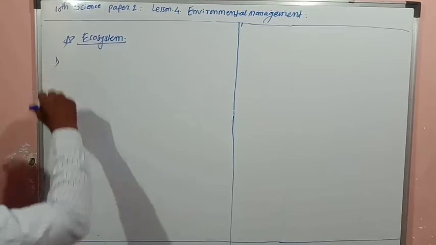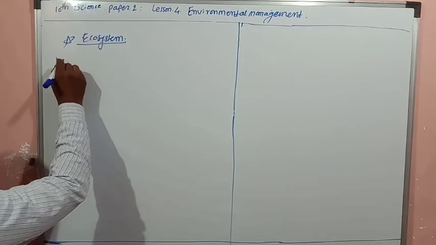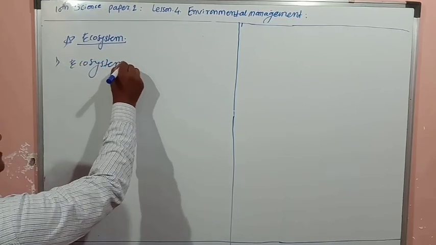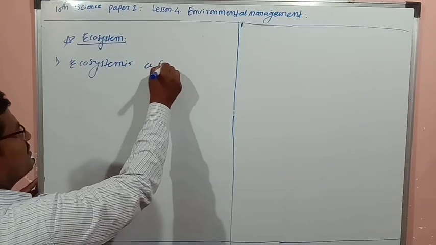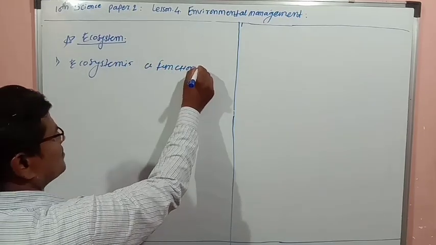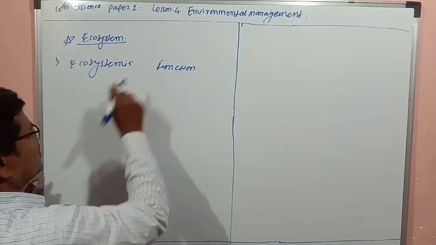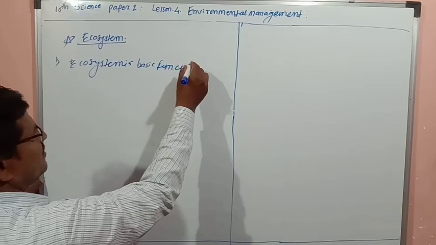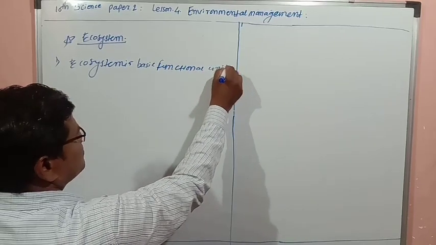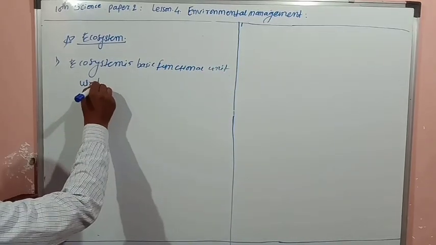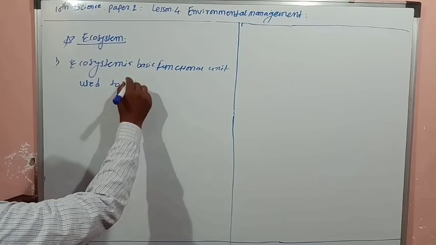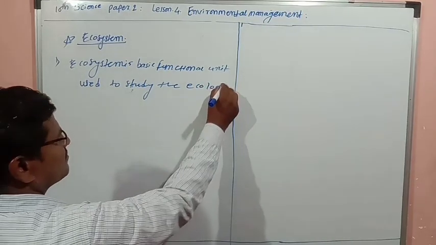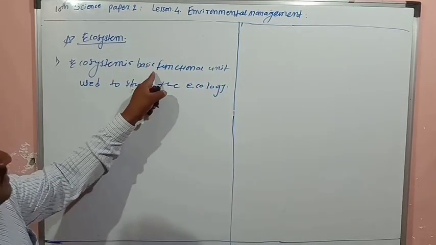The first point is that ecosystem is the basic functional unit used to study ecology.